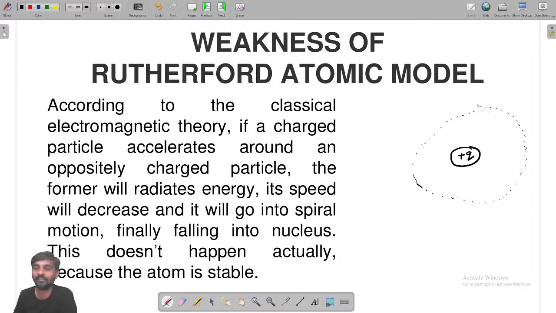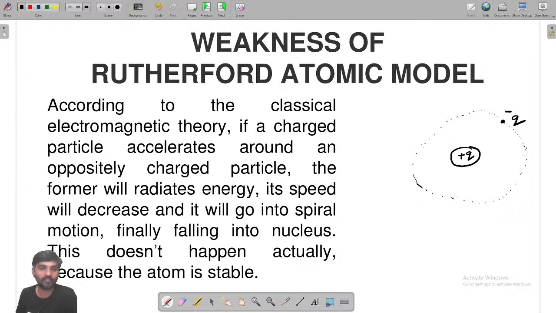This is the electron moving around the nucleus, which is negative in charge.